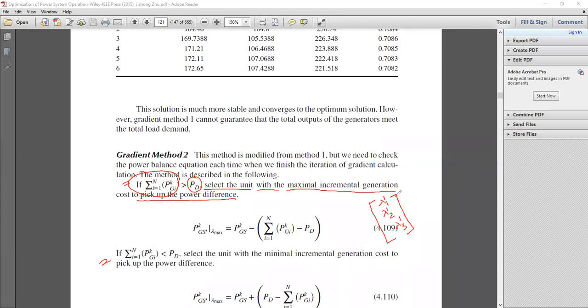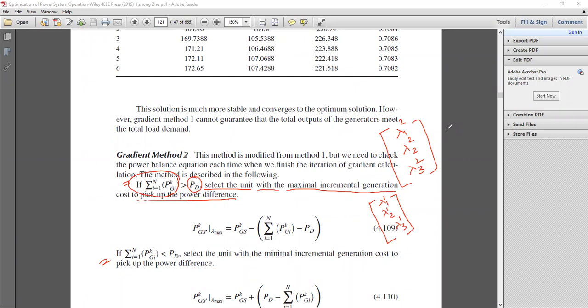Accordingly there would be some maximum, isn't it, for each iteration. This is for iteration number 1, similarly for iteration number 2. There would be some maximum. Okay, so maximum incremental cost means what?